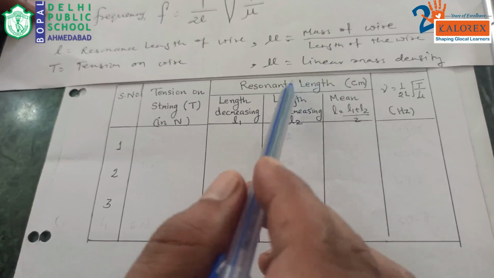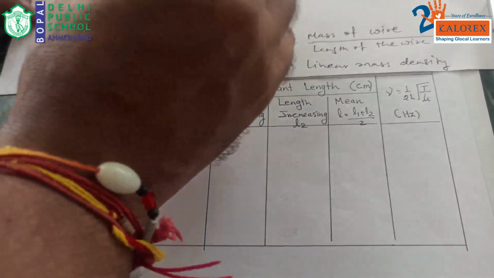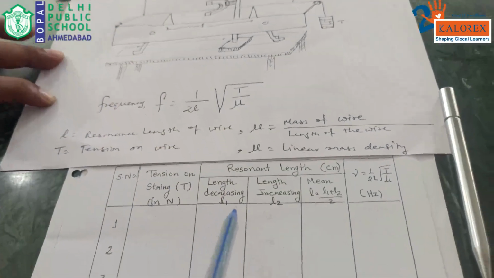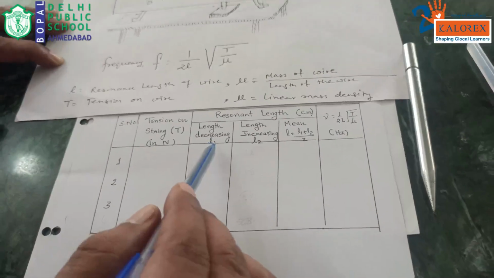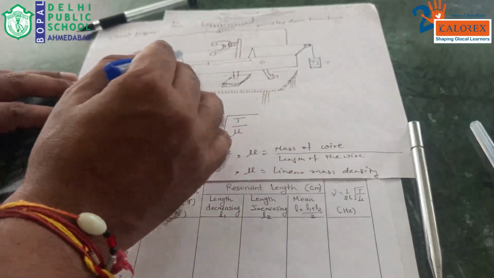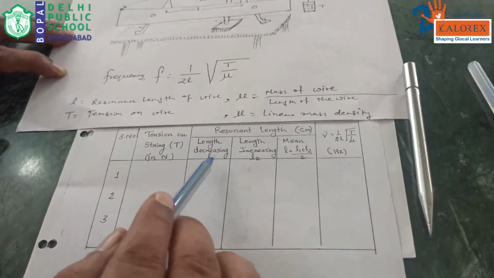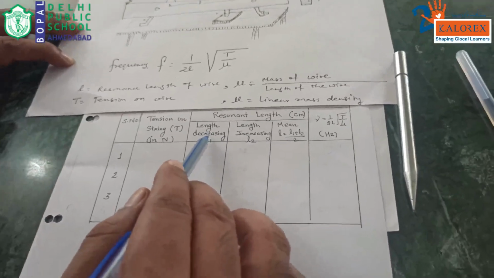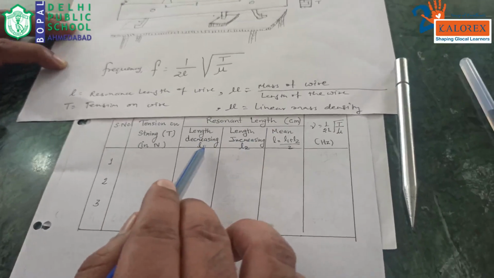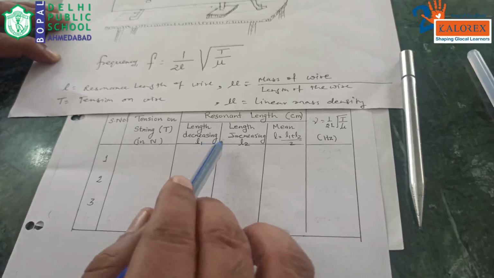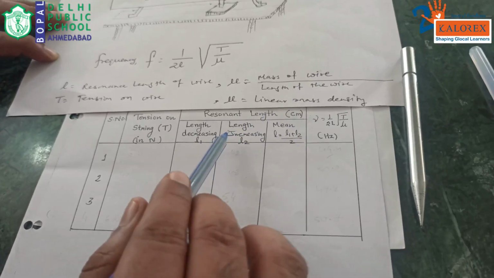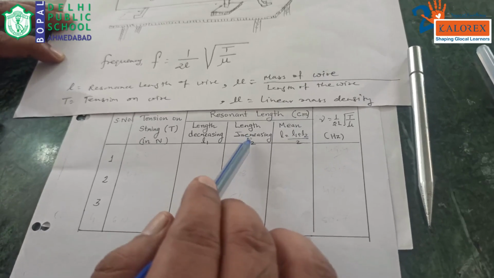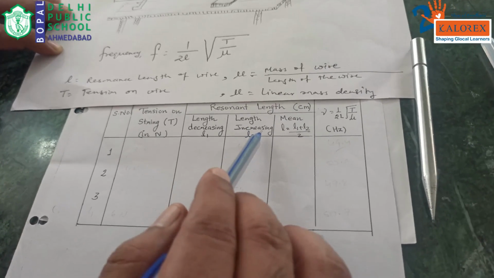Then the resonating length between the two edges, when the wire is under resonance, is calculated on the sonometer scale. There are two lengths, L1 and L2, where L1 is the resonating length obtained when you decrease the distance between the two edges, and L2 is the resonance length obtained when you increase the distance between the two edges.